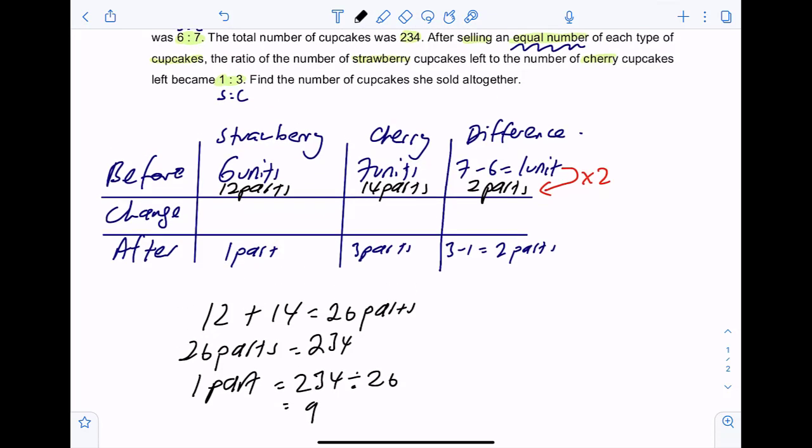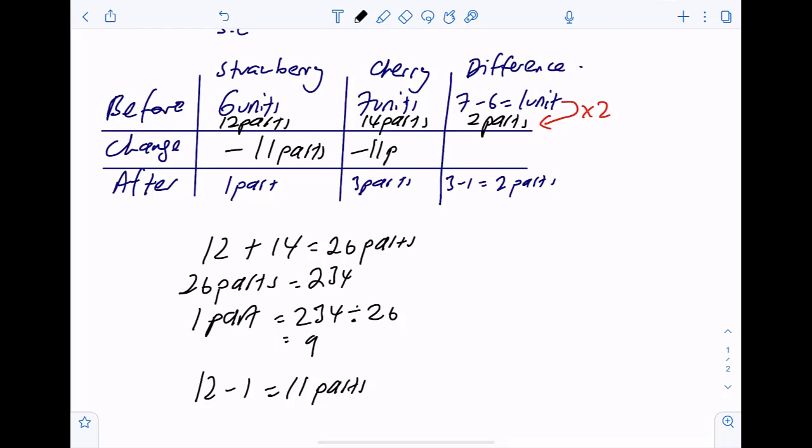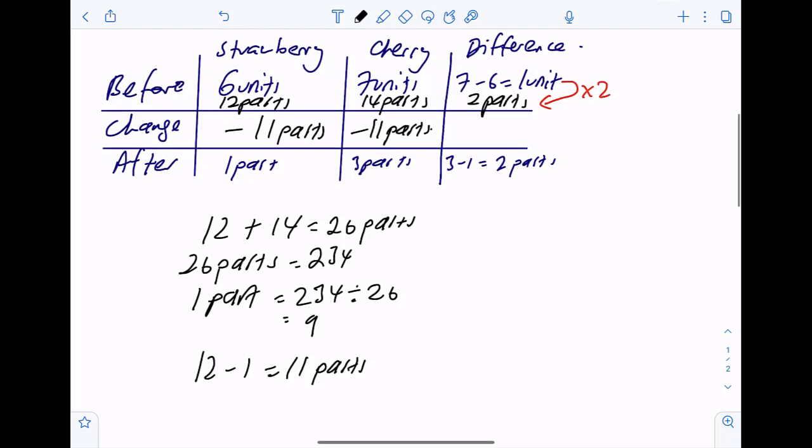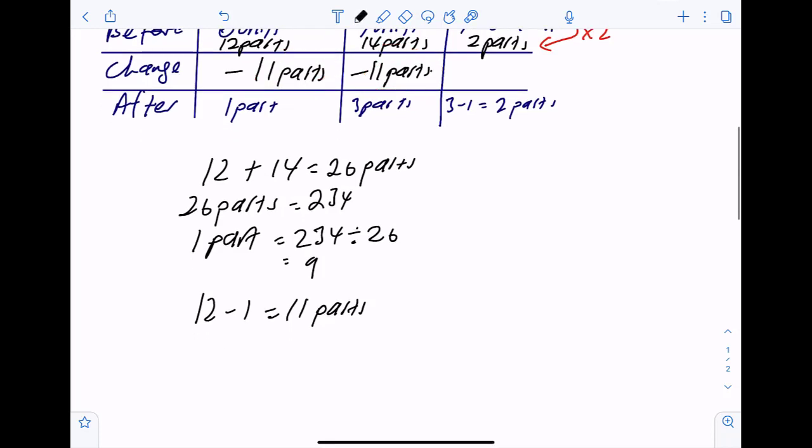And remember, this person sold 12 minus 1. There will be 11 parts each. So for strawberry, you take away 11 parts. Cherry also, you take away 11 parts, right? So in total, how many parts you take away? 11 times 2, there will be 22 parts.